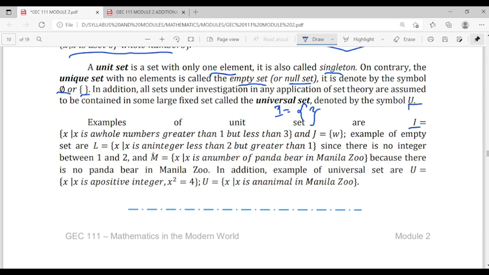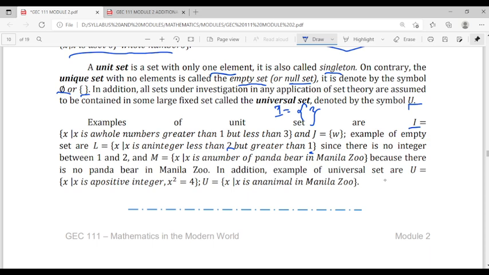It's not about the decimal or fraction between 1 and 2. Since there is no integer between 1 and 2, this is an example of the empty set. Another, M is equal to x such that x is a number of panda bears in Manila Zoo. Because there is no panda bear in Manila Zoo, only in other countries, this is also an example of a null set or empty set.